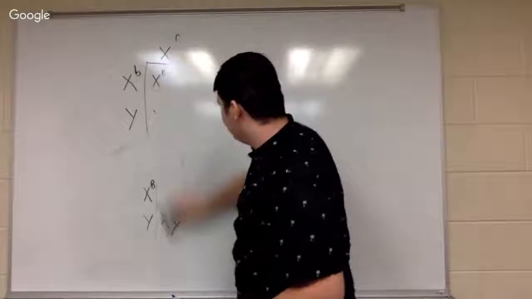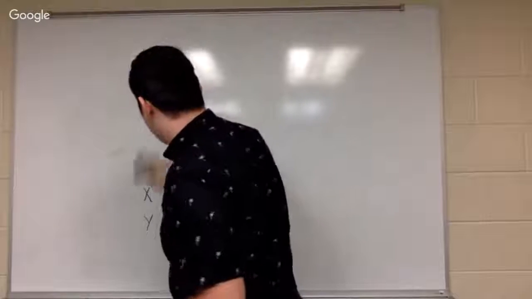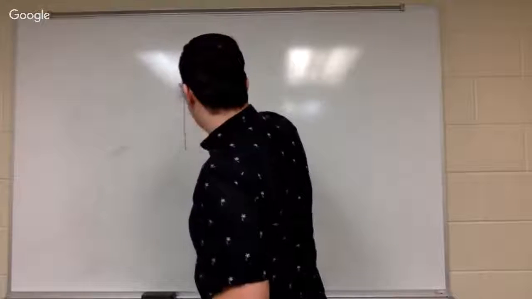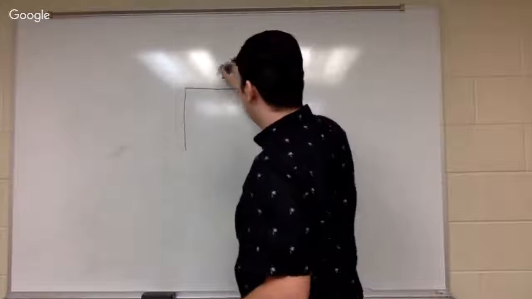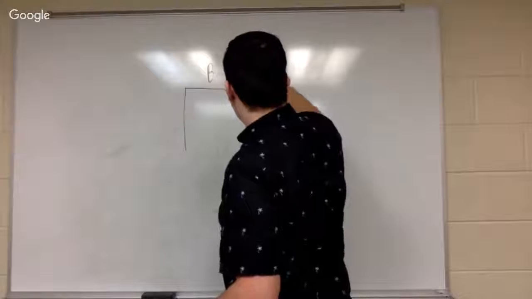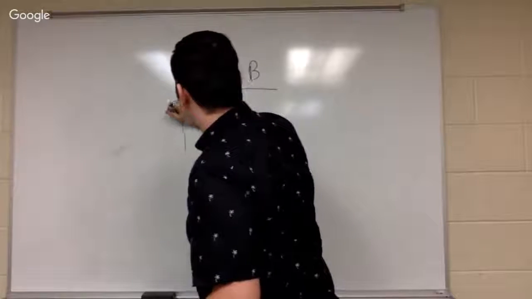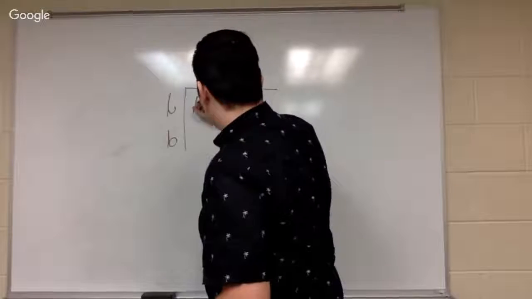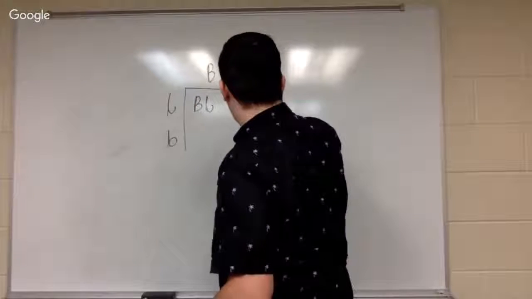For part D, we're told that it's autosomal. So we just have to make sure that one parent is homozygous dominant, the other one is homozygous recessive. And we just do a normal Punnett square.